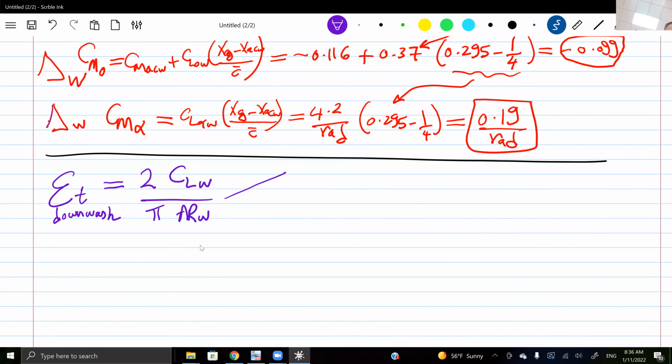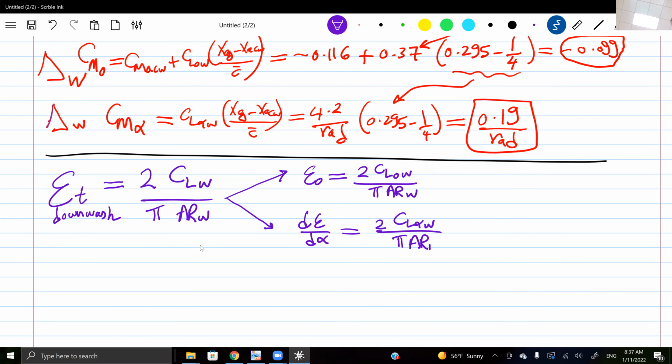And like anything in this course, we like to distribute it as a constant plus a constant times alpha. So the epsilon naught is the constant part. This is easy. This is 2CL naught wing over pi aspect ratio. And d epsilon by d alpha is 2CL alpha wing over pi aspect ratio, right? So here I'm going to substitute. This is 2CL naught wing.